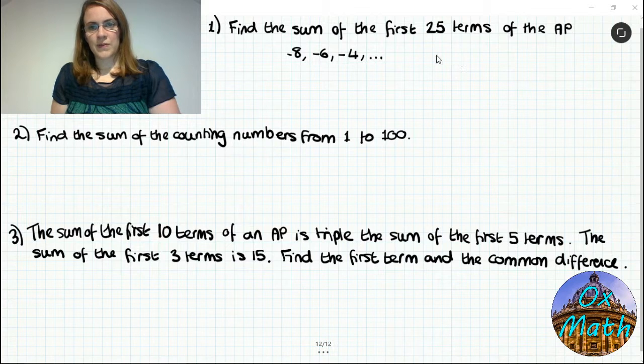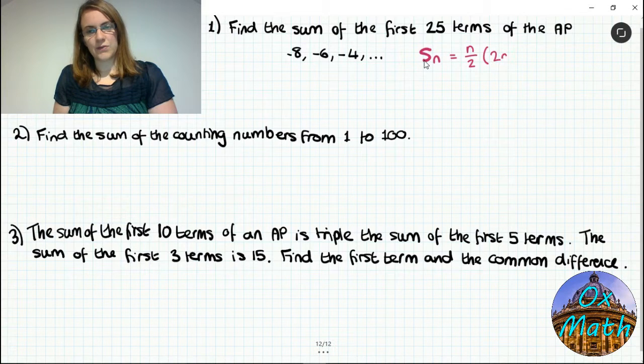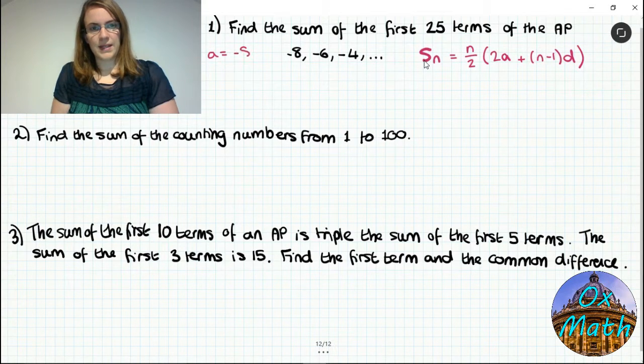So to find the sum of the first 25 terms of an AP, again I'm going to use our formula in the second format, 2a plus (n minus 1)d, and this time I know that a is minus 8 and d is plus 2 because it's getting bigger each time.